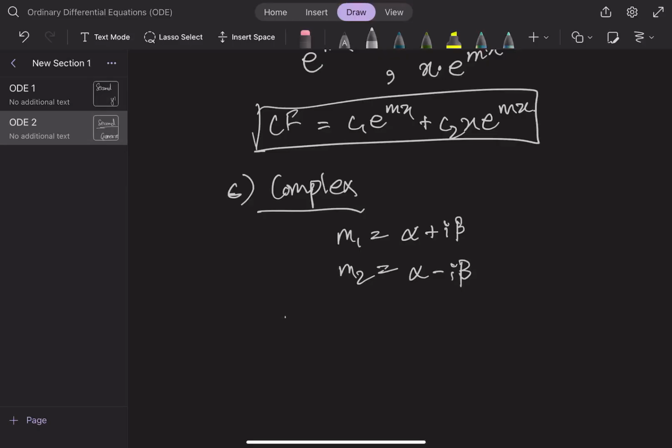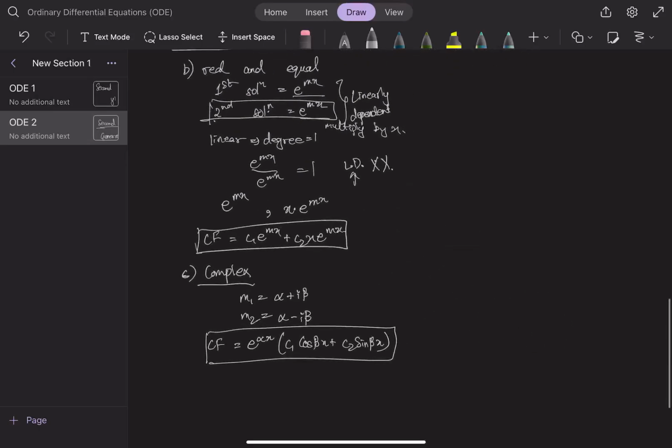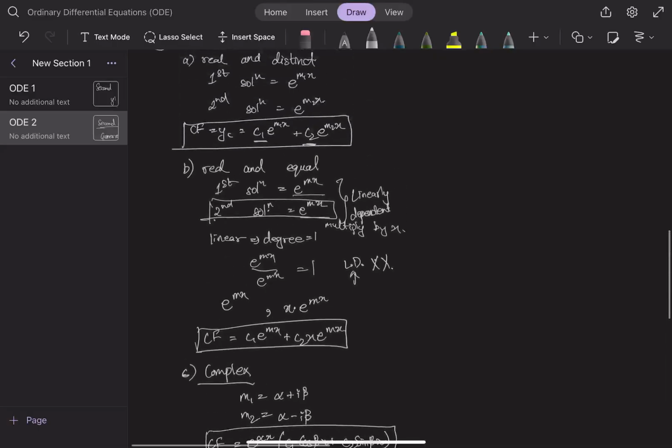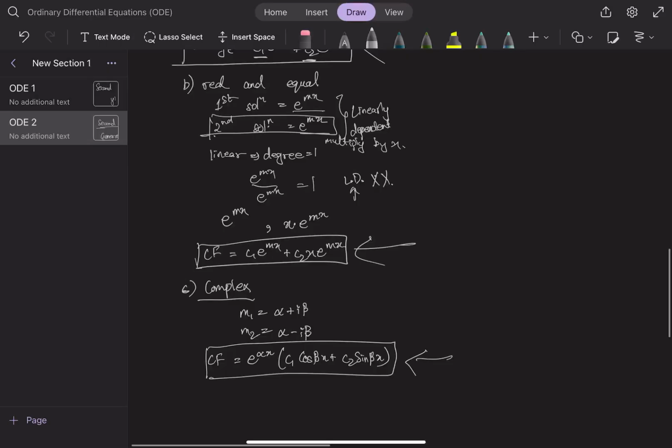So in this scenario, your CF is equal to e raised to alpha x multiplied by C1 cos beta x plus C2 sin beta x. So these are the three conditions that you need to remember: 1, 2, and 3. The nature of the roots will decide your CF.